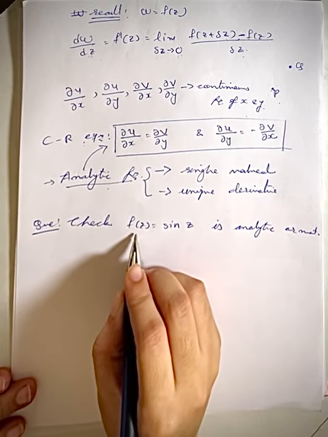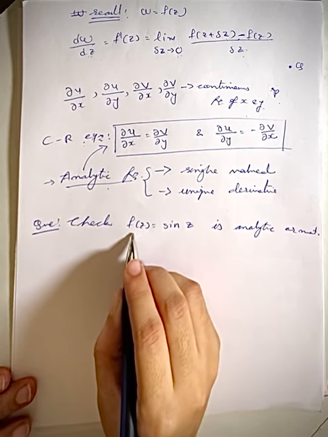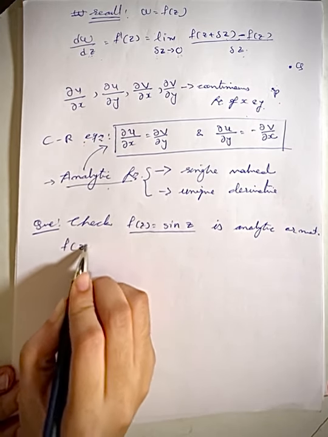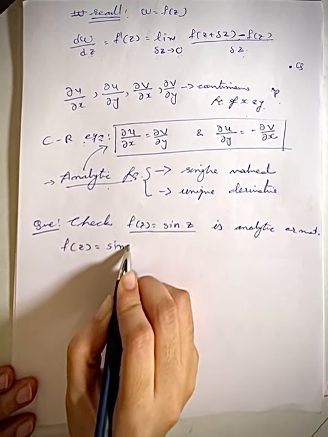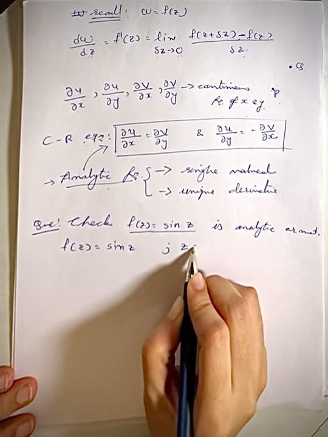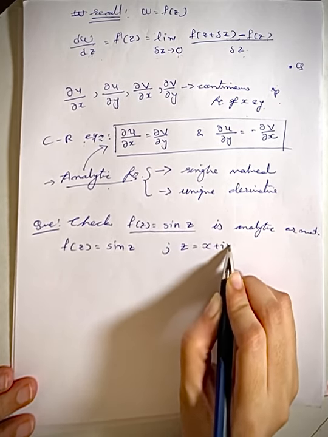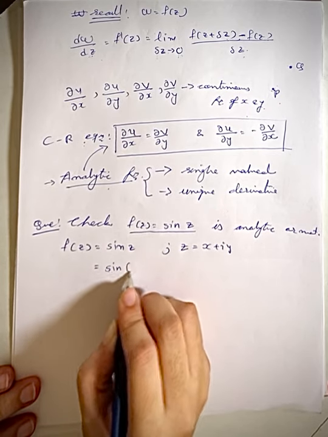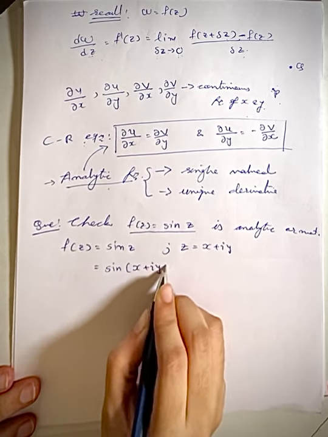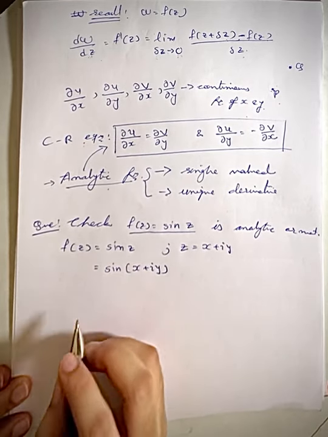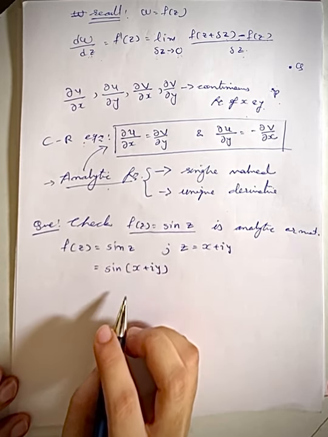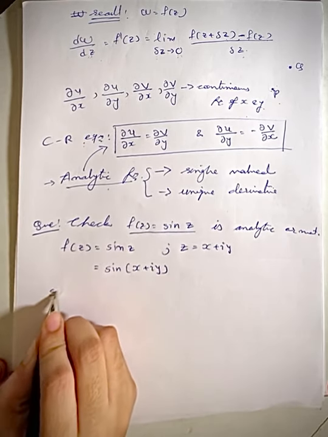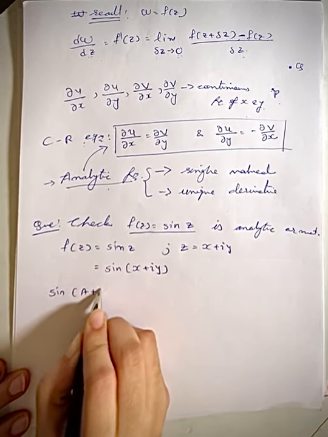So first we write this function properly. We are given f of z equals sin z, but we know that z equals x plus iy. So sin z becomes sin(x plus iy), and this is something like sin(a plus b).